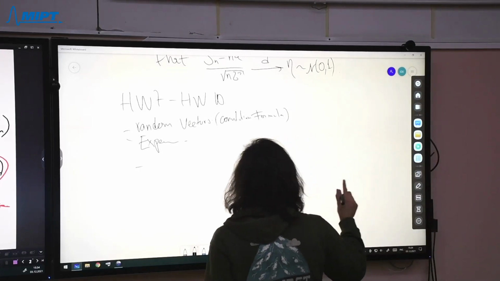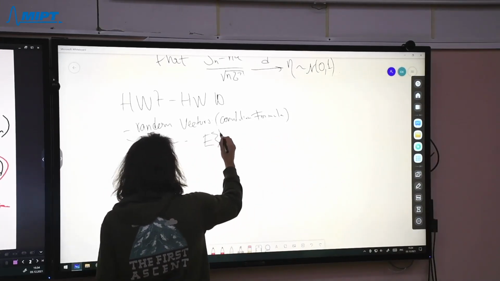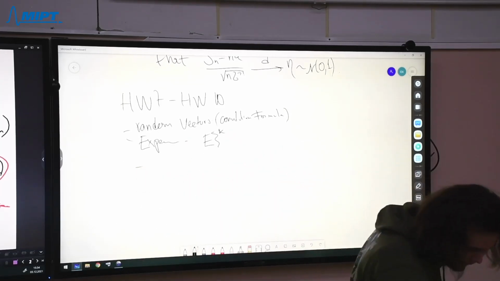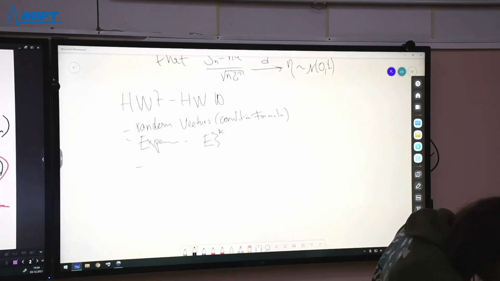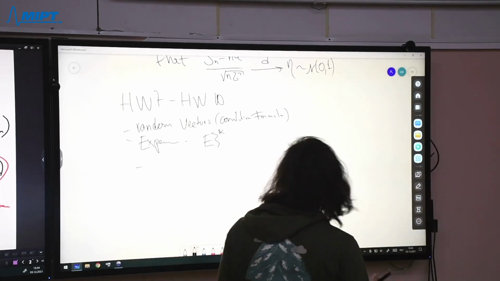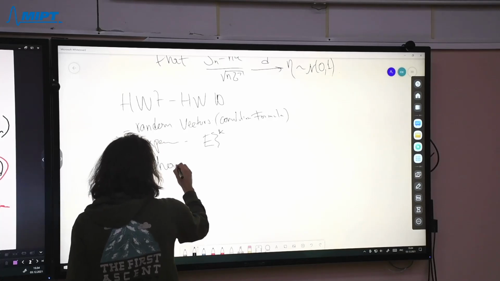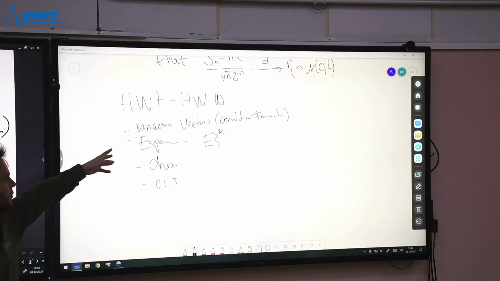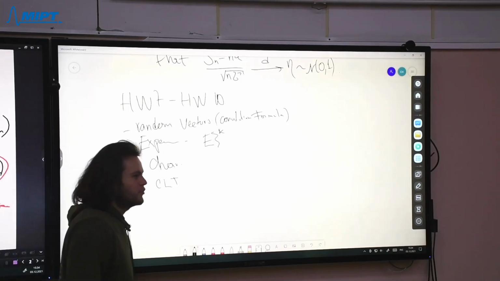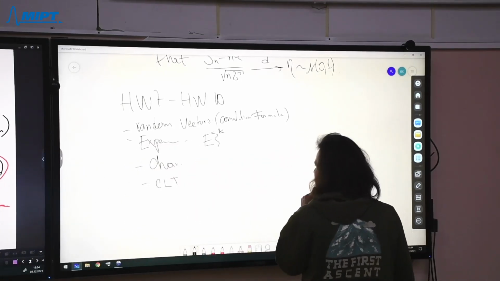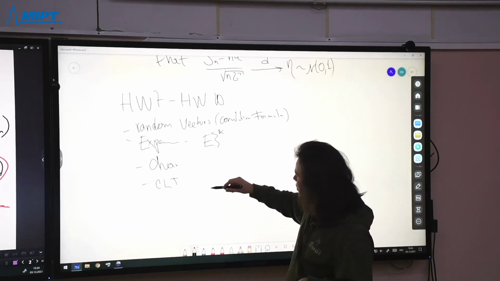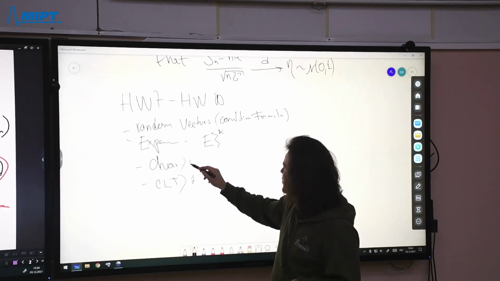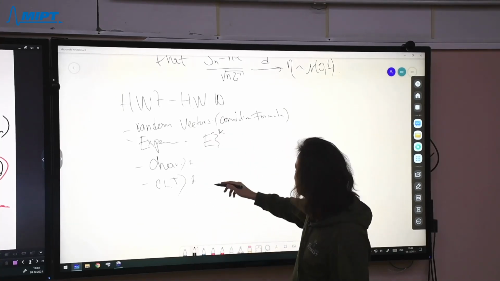We can find, for example, the moment of some random variable. Then we have characteristic functions and central limit theorem. So these are the 4 topics that we have for the test. So we will have 6 problems, maybe 2 problems from the central limit theorem, 2 from the characteristic functions, and 1 and 1. Maybe, I don't know, let's see.